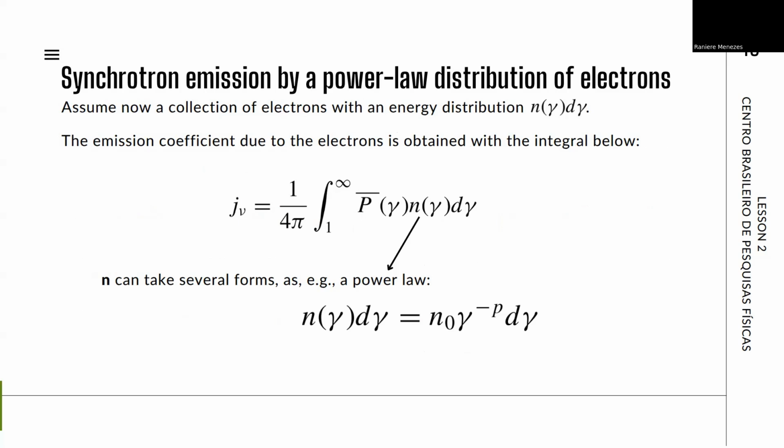Yes. The power law is actually much more a simplification than a real description. It doesn't bring us exactly the physics of the electron distribution. The log parabola, on the other hand, brings the physics.